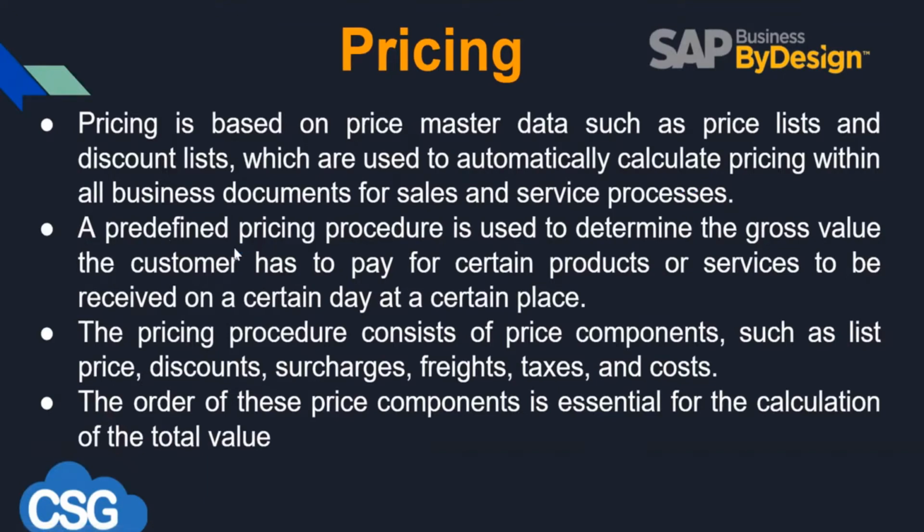A predefined pricing procedure is used to determine the gross value the customer has to pay for certain products or services to be received on a certain day at a certain place. The pricing procedure consists of price components such as list price, discount, surcharges, freight, taxes, and costs. The order of these price components is essential for the calculation of the total value.